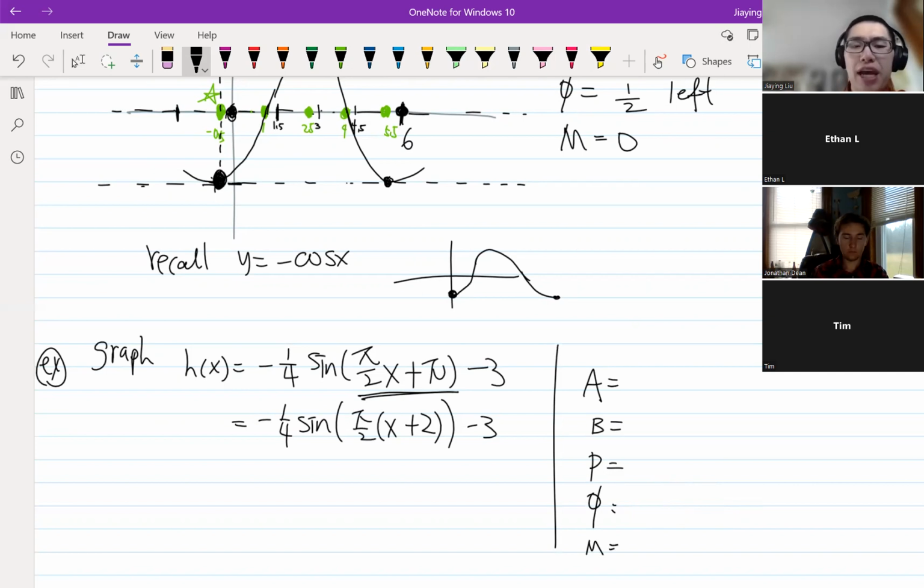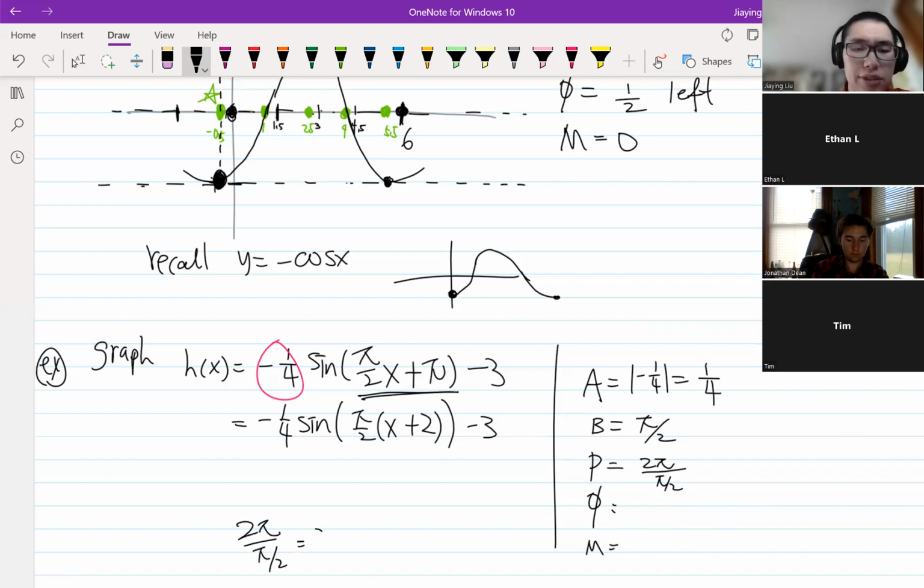So the amplitude is the absolute value of the coefficient -1/4, which is +1/4. And the b is pi over 2, which allows us to find the period, which is 2 pi divided by pi over 2. 2 pi divided by pi over 2 is 2 pi times 2 over pi.